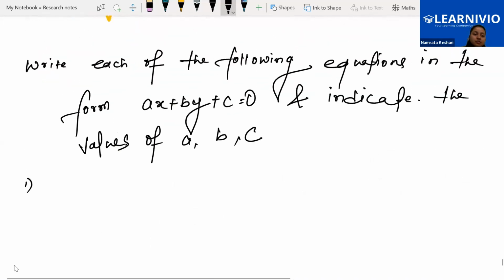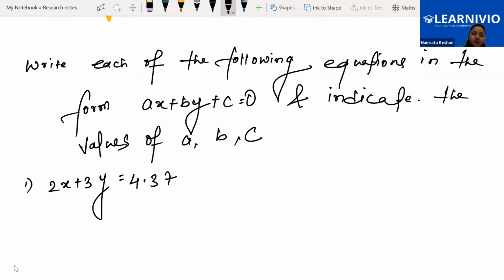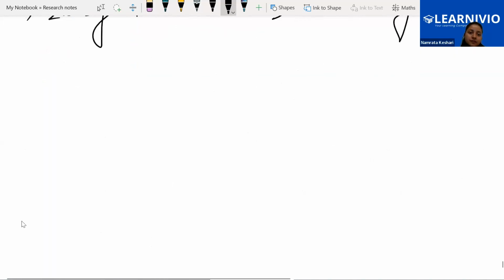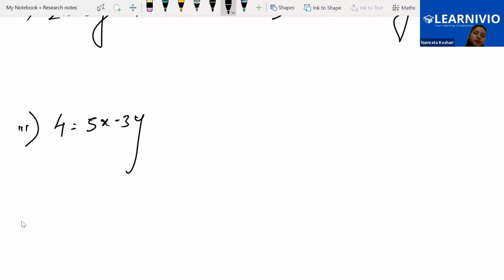Read the instruction carefully. The first one is 2x plus 3y is equal to 4.37. Next one is x minus 4 is equal to root 3 y. Next one is 4 is equal to 5x minus 3y. Next one is 2x is equal to y.